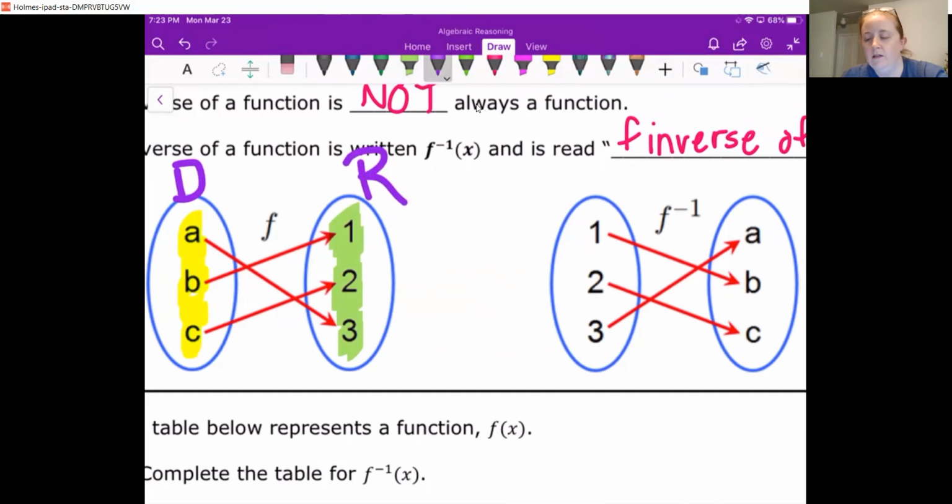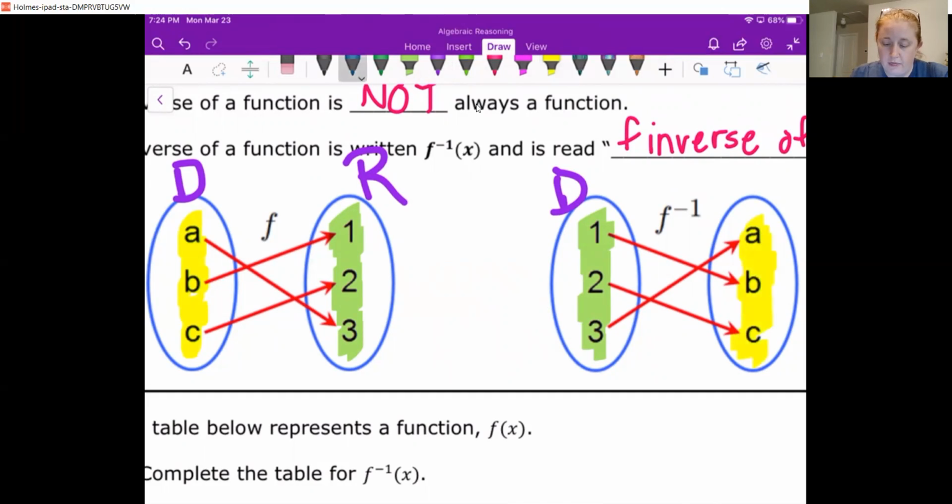Now, when we bring in the inverse, take a look at the next set of bubbles. That's where your little -1 shows up, denoting this is the inverse. This time, check out what's in the domain. Those original range numbers, 1, 2, 3, are now in the domain spot, and the domain letters, A, B, C, are now in the range.